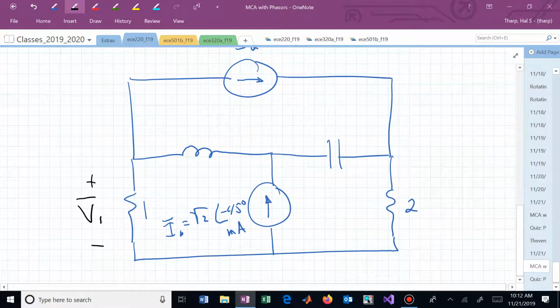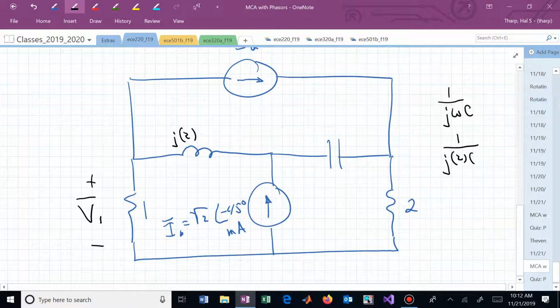And this was j. Omega was 2. L was 1, so that's just j2. C was 125 millifarads, and now we have 1 over j 0.25, or 1 over j 1/4.